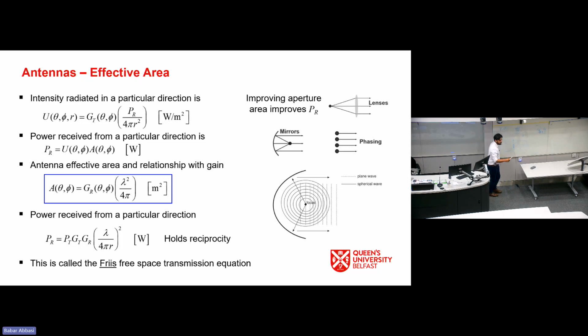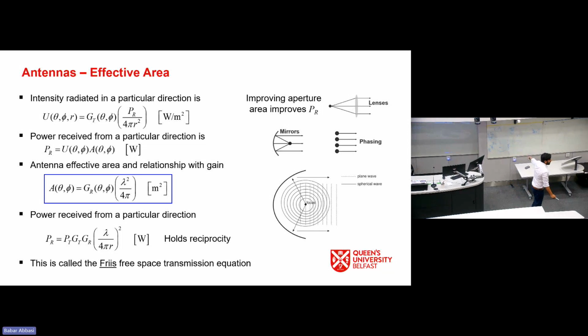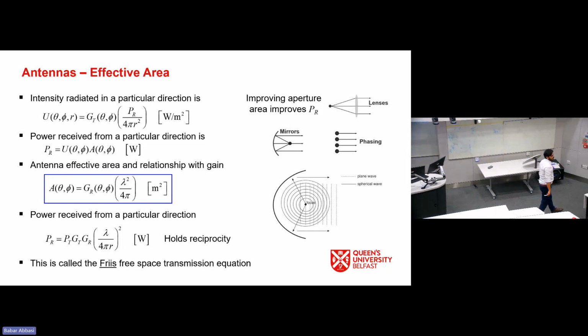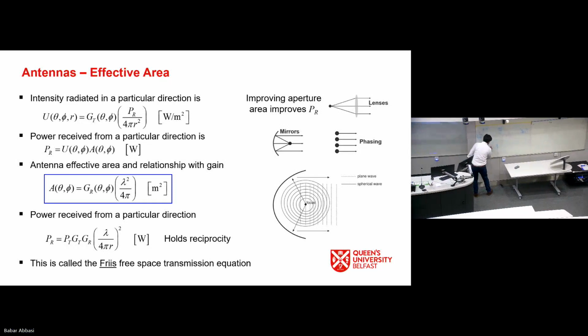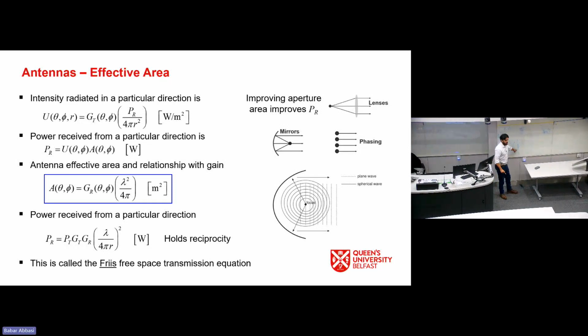But if I want to communicate from here to the HP building, then I don't want to waste energy in directions where I don't want it. That's a huge wastage of energy in the opposite direction. So we don't want this. This is not a good choice of antenna for this particular application. So I need a more directional antenna.